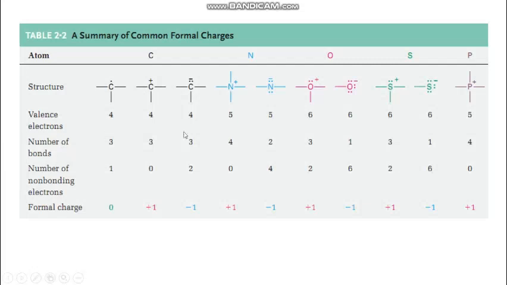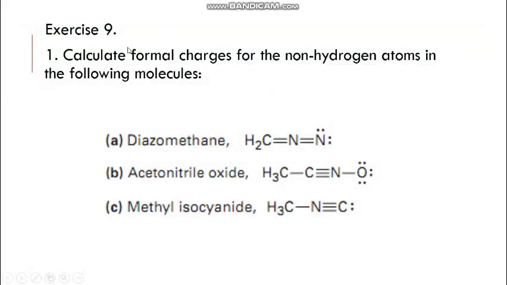So, nandyan yung mga numbers ng valence electrons, ng bonds, at mga non-bonding electrons and their respective formal charges.